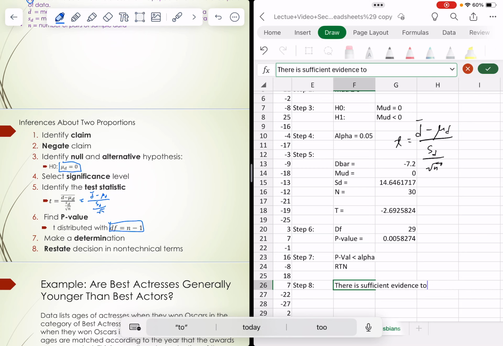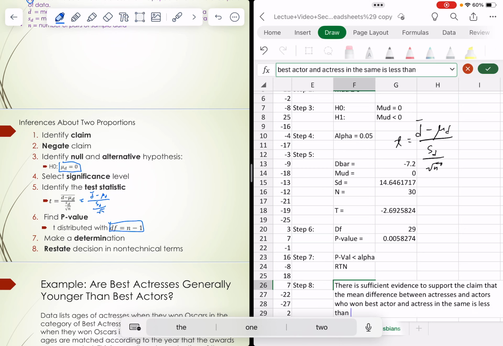Or, you know what, there's sufficient evidence to support the claim that the mean difference between actresses and actors who won Best Actor and Actress in the same year, if you subtract those differences, that the mean of those differences is less than 0.